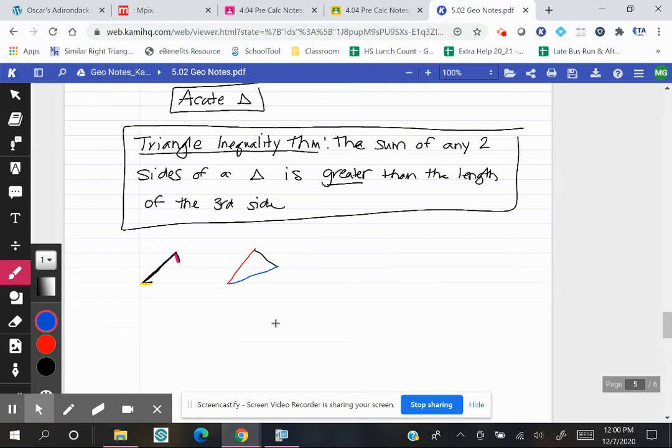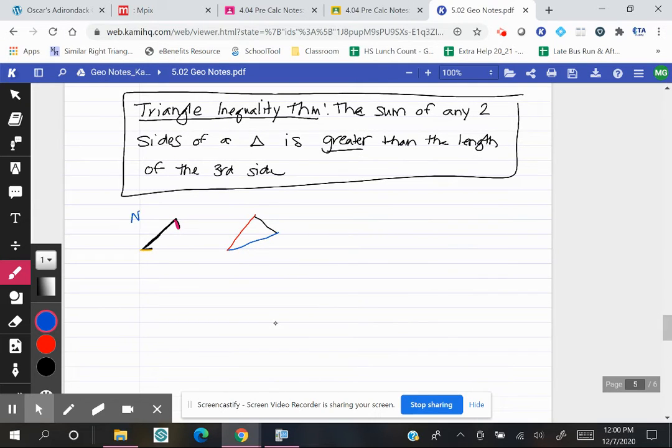If I took the black and blue side and added those together, put them right next to each other vertically, then they would be longer than the red side. And if I took the red and the blue side and put those next to each other, they would be longer than the black side. So those would form a triangle. Any two sides must be greater than the third.